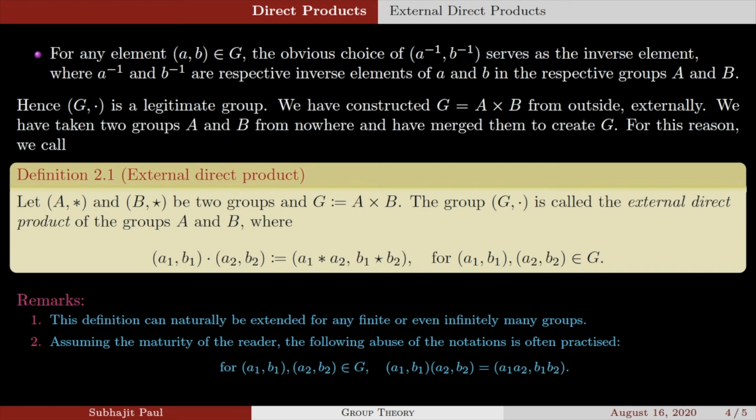Assuming the maturity of the reader, that is you, the following abuse of notation is often practiced. Obviously we are not going to use this star and asterisk every time. We are going to remove them.